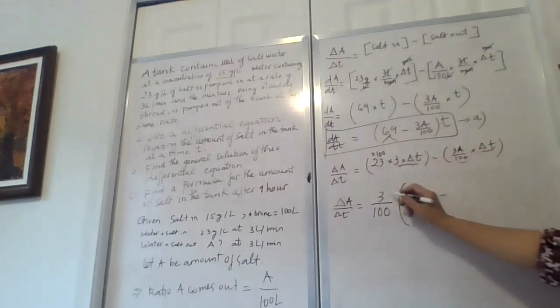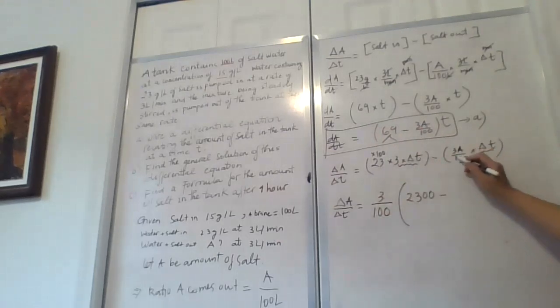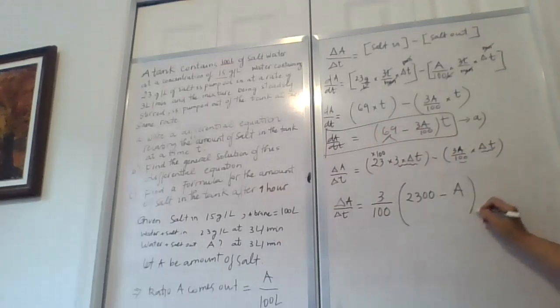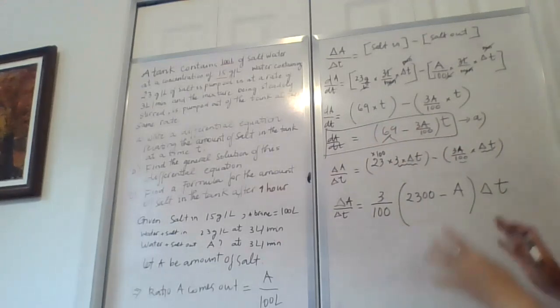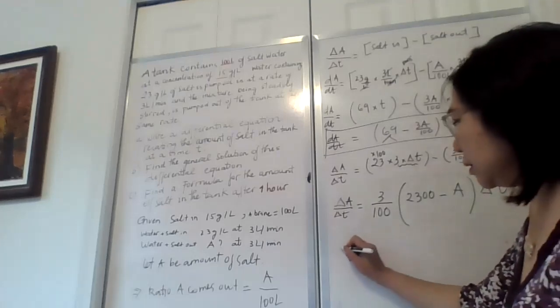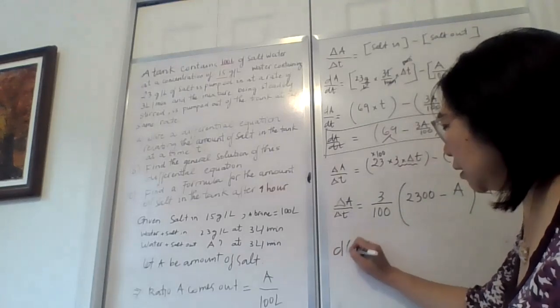Minus. Now this is already outside, right? 3 over 100A. So I'm going to put here, it's just A, letter A. All of this will be times with delta T outside. So that is my differential equation. Why do I put it in this form? This is the general solution. This is the same as the derivative, right?